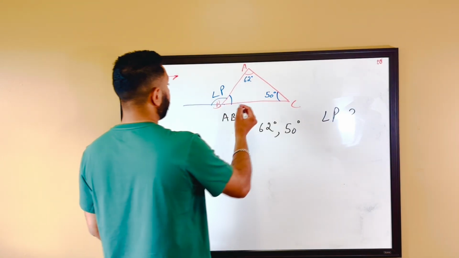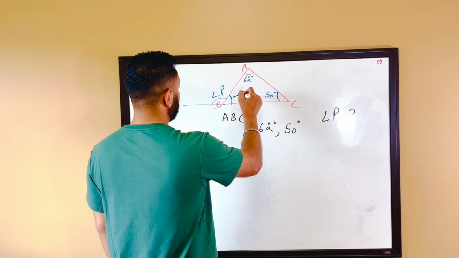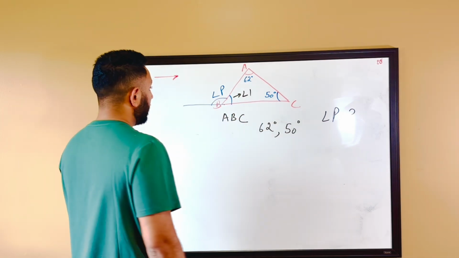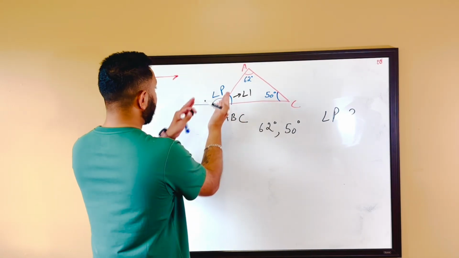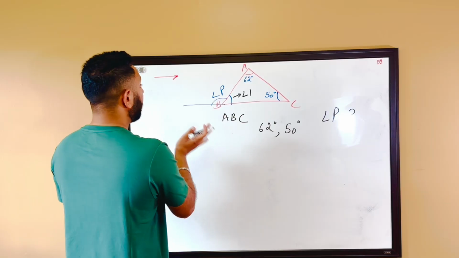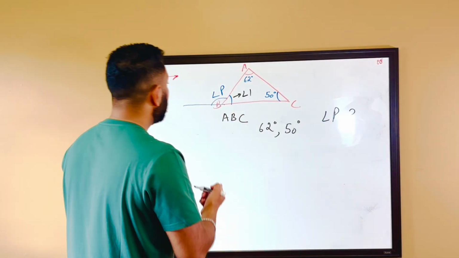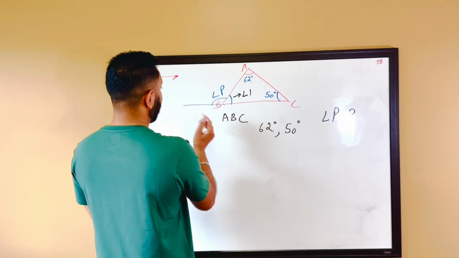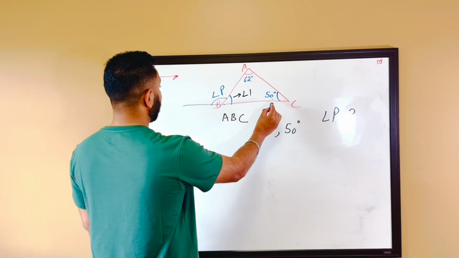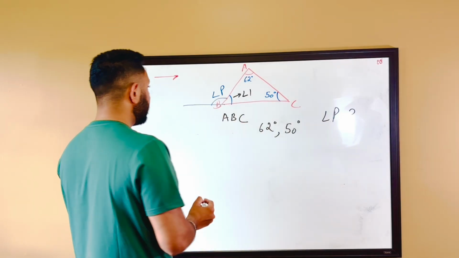If somehow we find this angle, let's say angle 1, then we can easily find angle P, because angle P and angle 1 form supplementary angles. These two angles sum up to 180 degrees because this is a straight line and the angle formed by a straight line is 180 degrees.